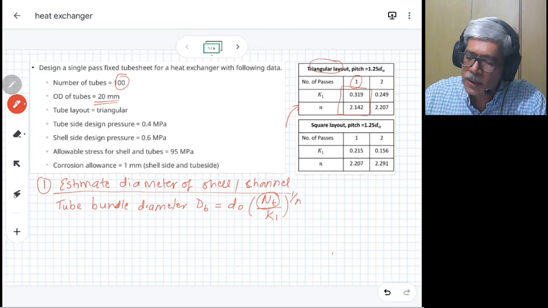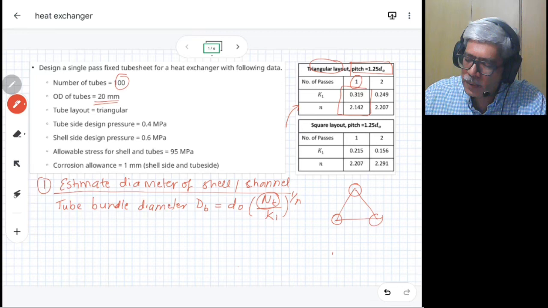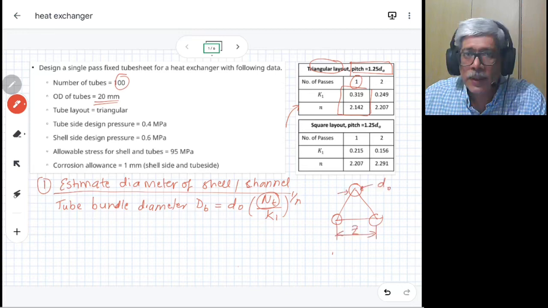Now in this table, there is a relationship given that these factors are applicable for a pitch of 1.25 times the tube hole diameter. So it means the tube hole layout for which these factors are given. If Z is the tube pitch, and D naught is the outside diameter of the tube, the factors are given for Z equal to 1.25 times D naught.